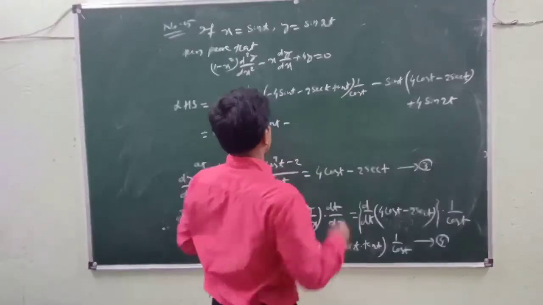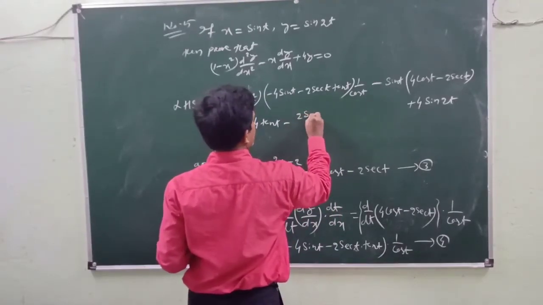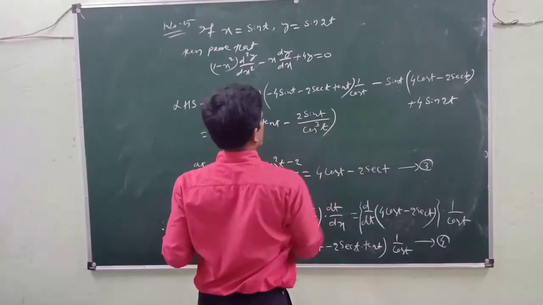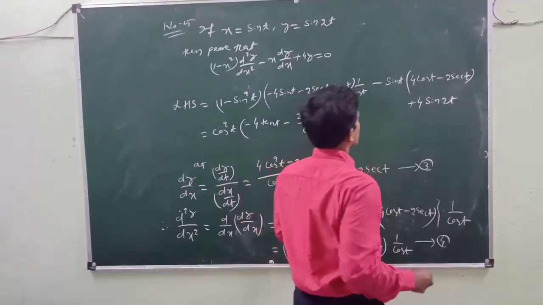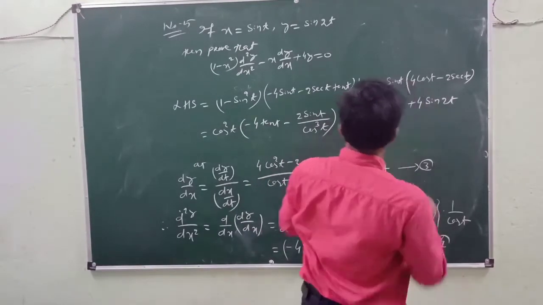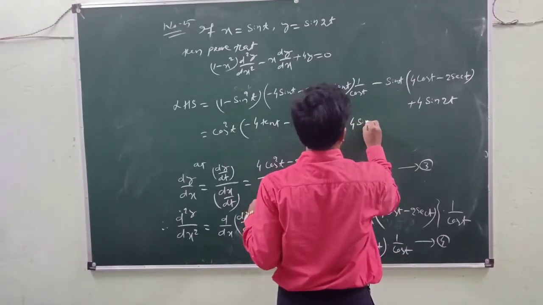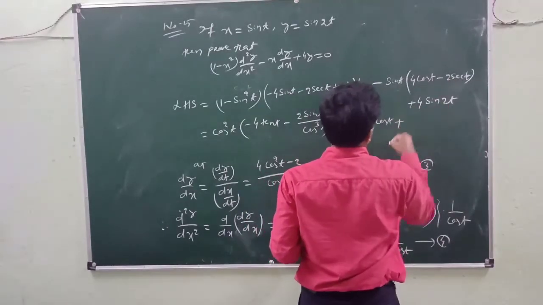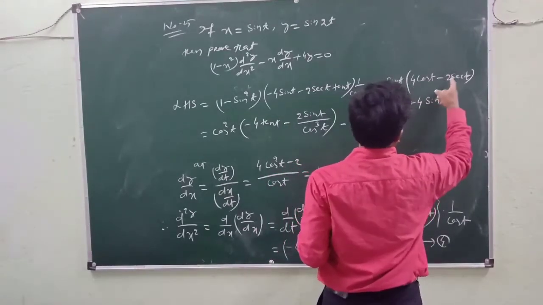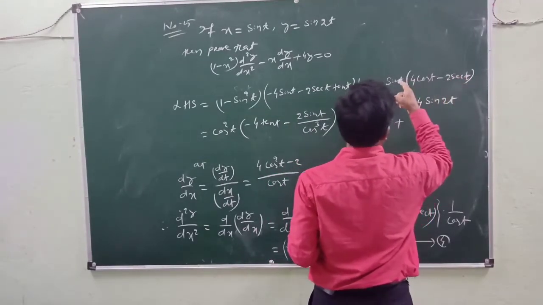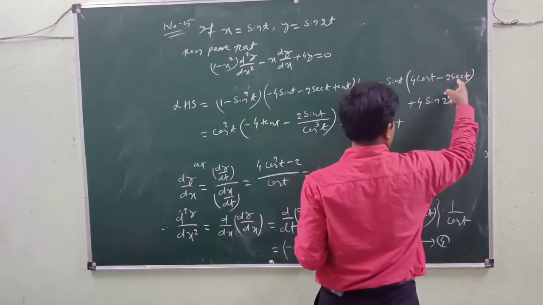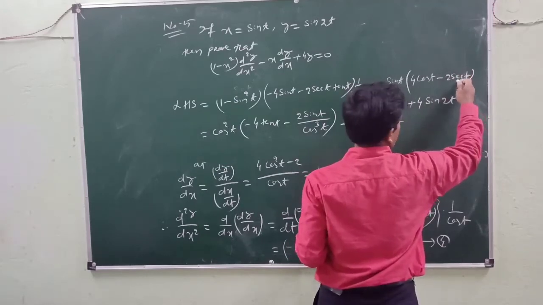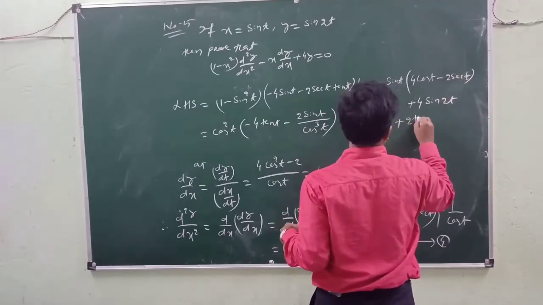When multiplying this, we will get 2 sin t by cos cube t, this factor. Minus here minus 4 sin t into cos t, this to below, again minus here minus, so plus sec t into sin t, sec t is 1 by cos t and sin t, that equal to sin by cos, tan t, so it will be 2 tan t.